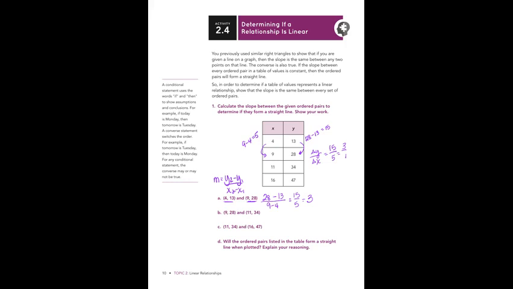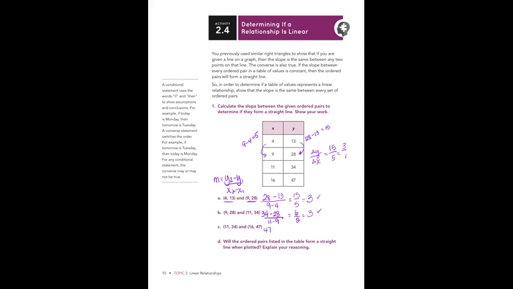So I know the change between these 2 points is 3. I'm going to repeat the process for every set of points in the table. I'm going to start here and say 34 minus 28 over 11 minus 9, which gives me 6 over 2, which is 3. So far they do have the same, but we can't stop. We have to do all the points in the table.